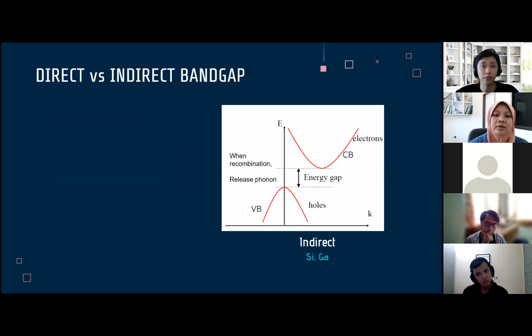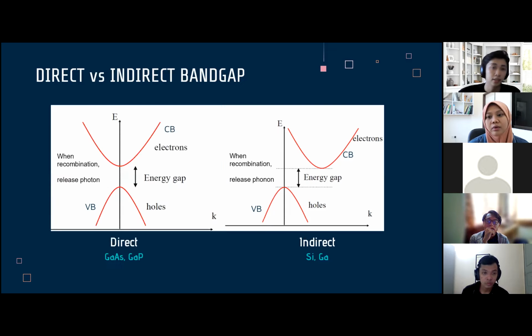We have learned before that there are two types of band gap, indirect and direct. In the PN junction diode, the material used is silicon and gallium, which have an indirect band gap. So when recombination happens, it releases phonons.